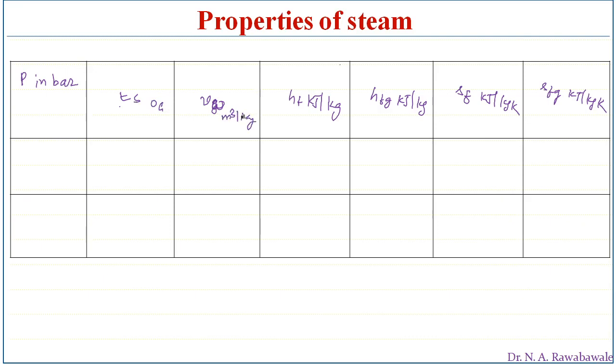So we have two pressures. Pressure 1 is 0.04 bar.